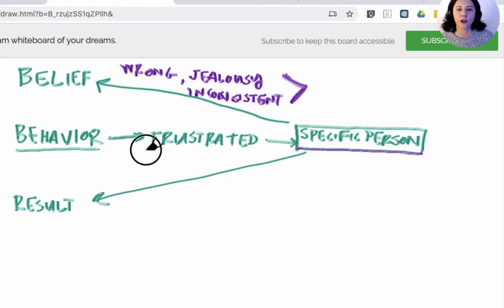So getting frustrated is a reaction. A response would be slowing down and either clarifying with the person or communicating clearly with them.